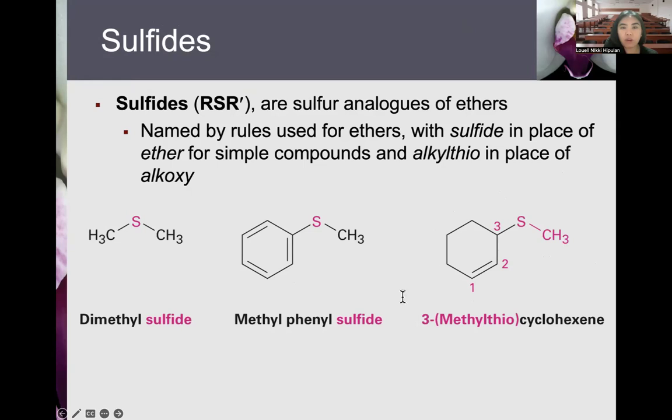You have 1, 2, 3. On the third carbon, you have your alkylthio group. Since it's only a methyl here, it's methylthio. This is why it's called 3-methylthiocyclohexene.